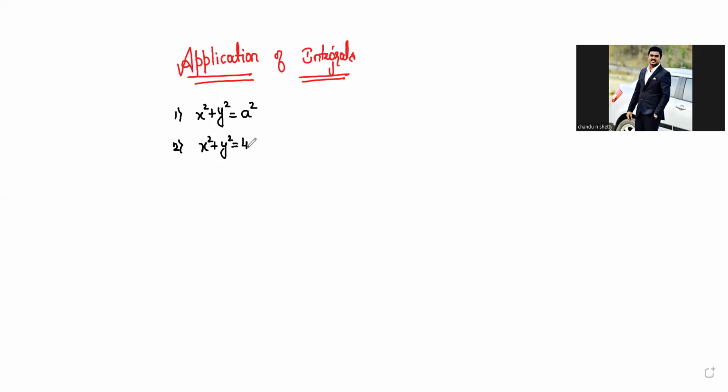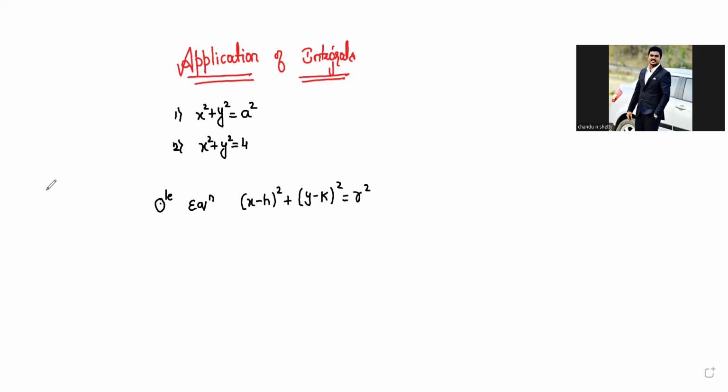So my dear students, in the first PU, we all know the circle equation. The circle equation is x minus h whole square plus y minus k whole square equal to r square, where r is the radius.